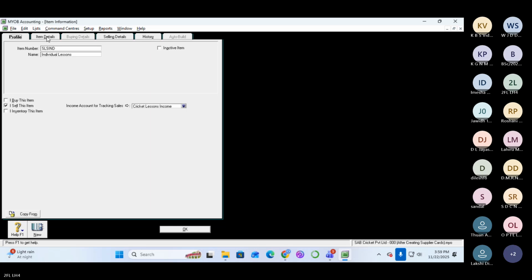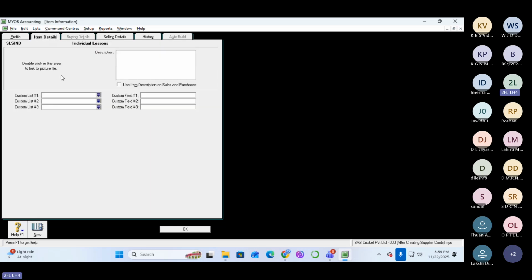Then go to the item details. Is this familiar to you? When we were creating supplier cards also, you had a similar interface like this. This is to give some specific information about this item. In certain organizations, they have a lengthy list of items, so sometimes by the name they can't even identify what the item is.